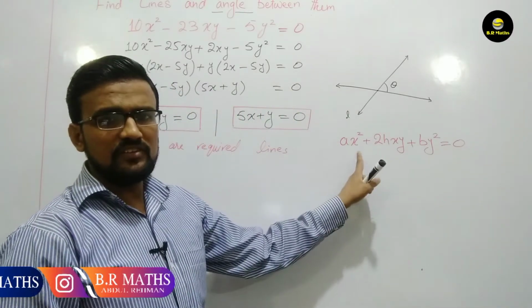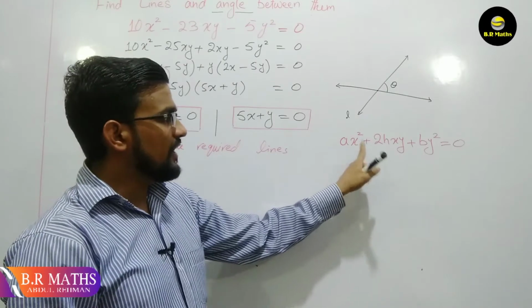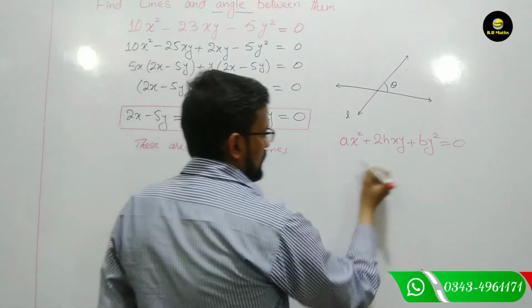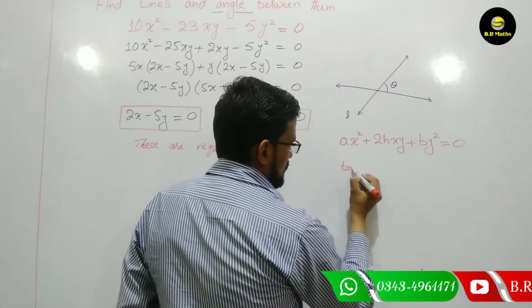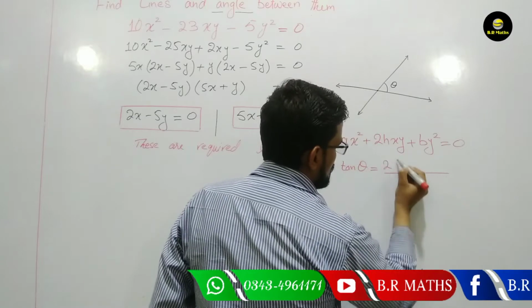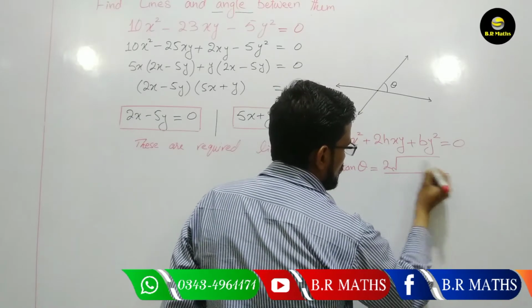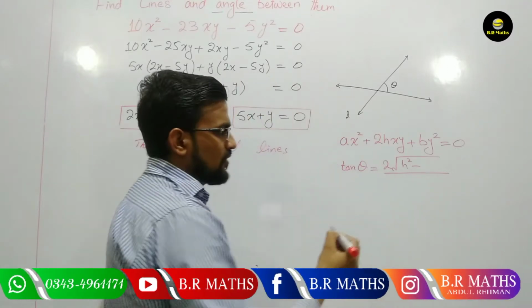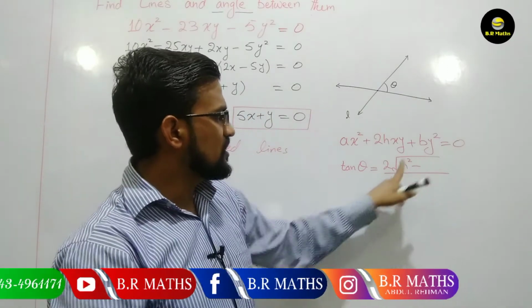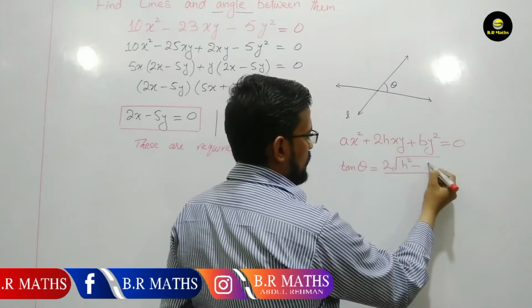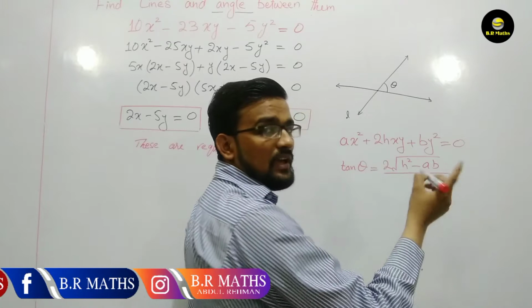This is the standard form, and the angle between these two lines is tan theta equal to 2 square root of h squared minus ab, divided by a plus b.